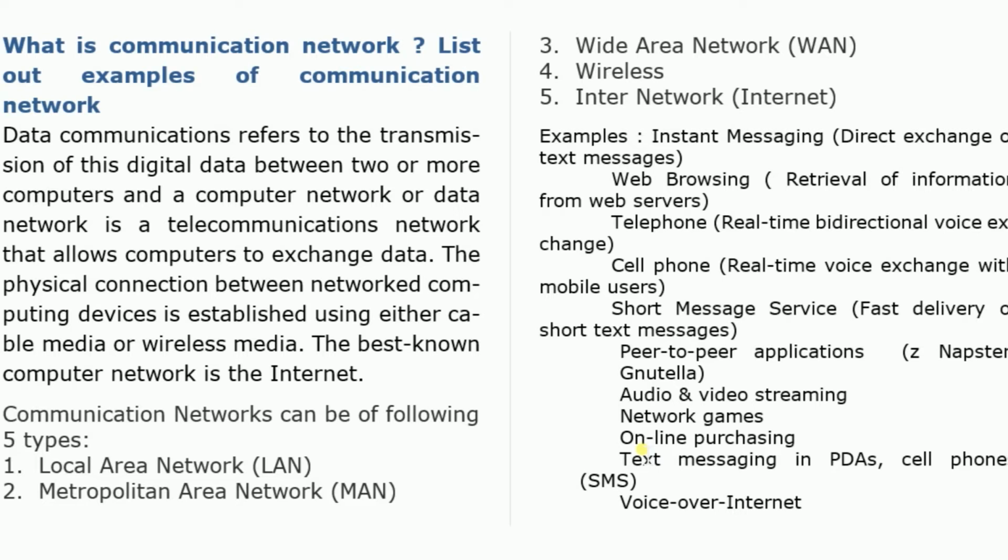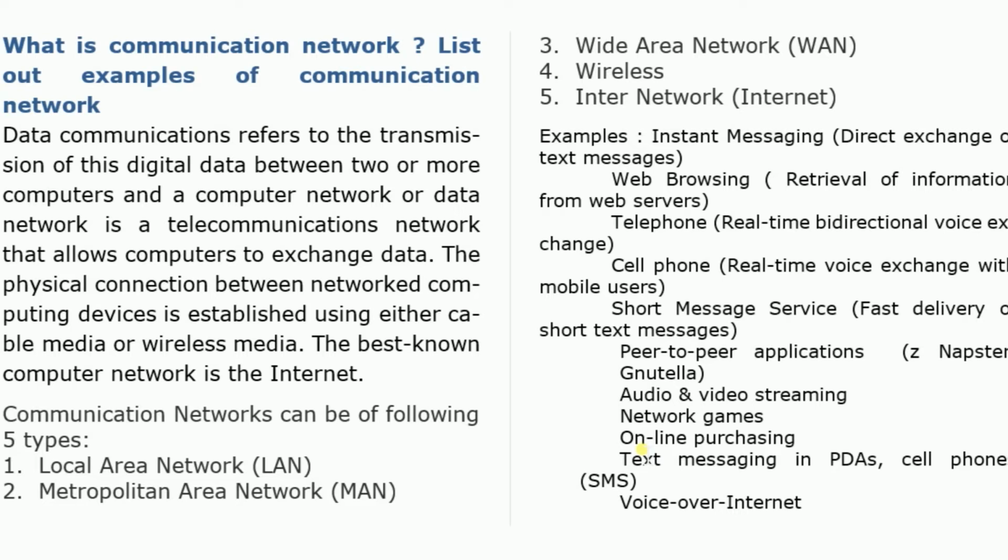One is digital data, second one is analog data. The combination of digital and analog, we will call it as a hybrid data. That means if it contains both, analog as well as digital, we will call it as a hybrid data.